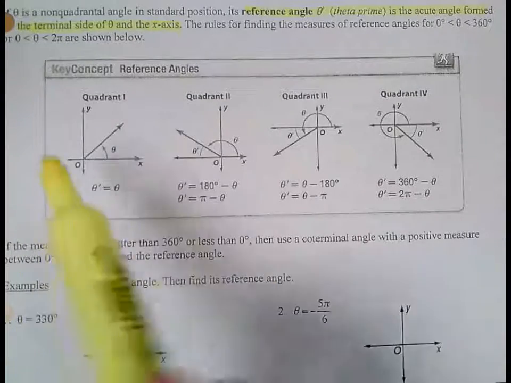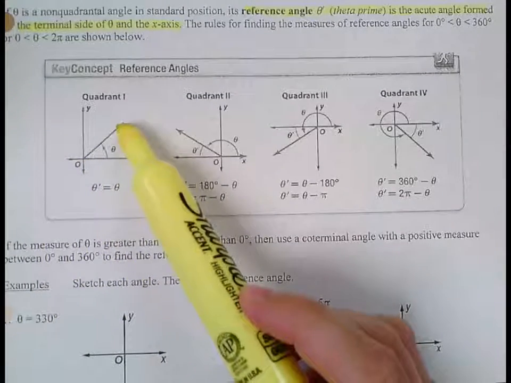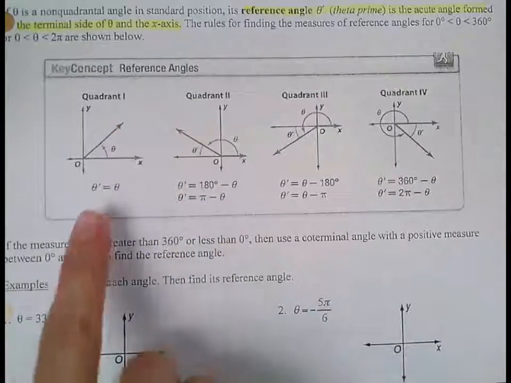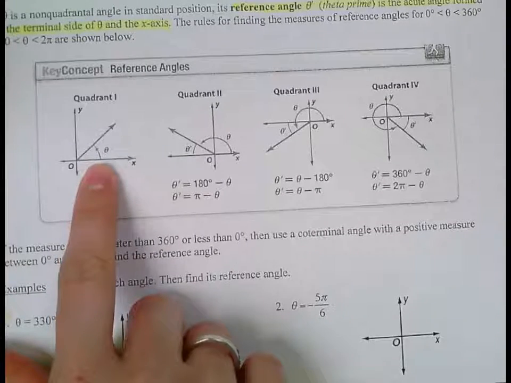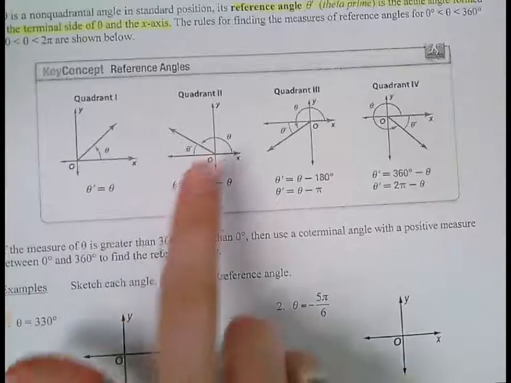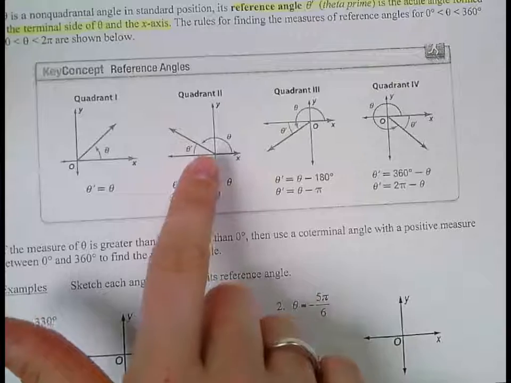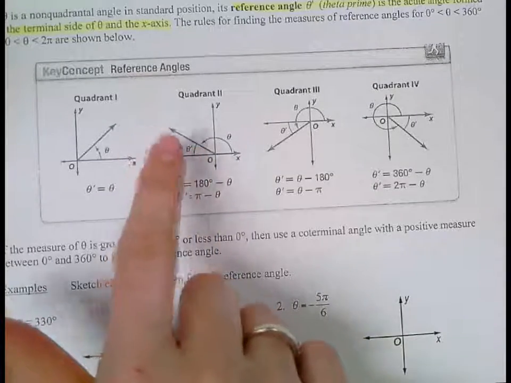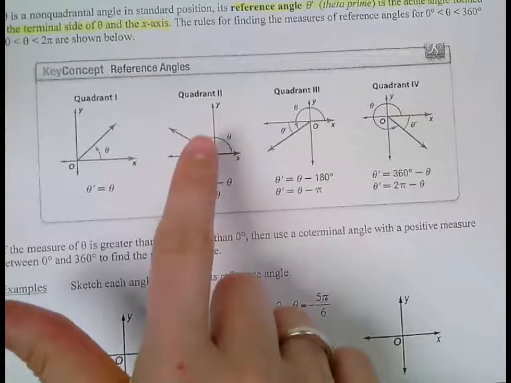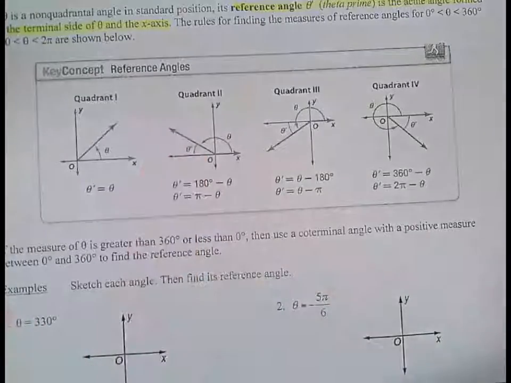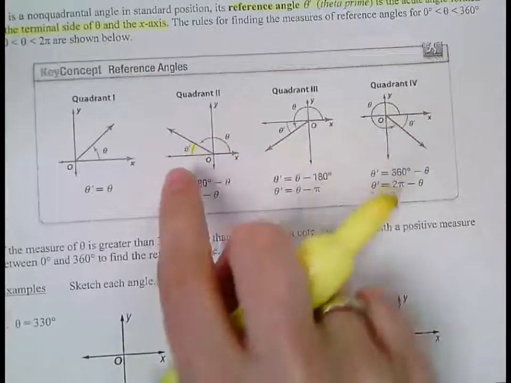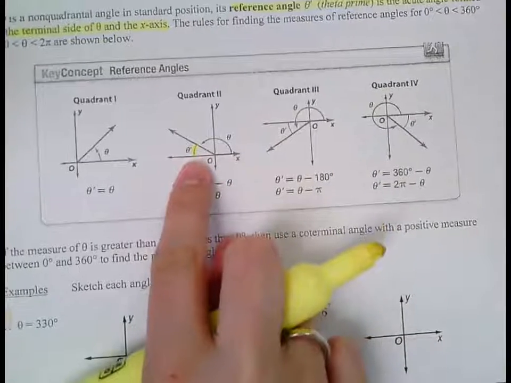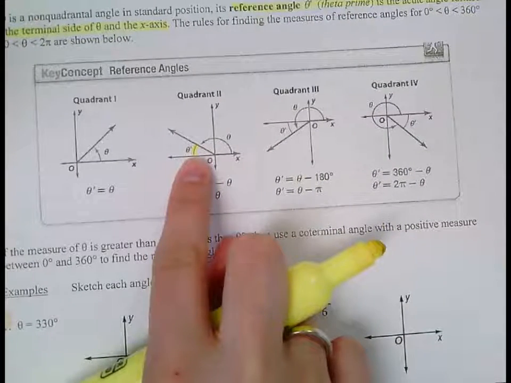If the terminal side of your angle theta is in quadrant 1, then your reference angle theta prime is just equal to theta. If your terminal side is in quadrant 2, your reference angle is between that terminal side and the x-axis, so this is the angle that would be theta prime.